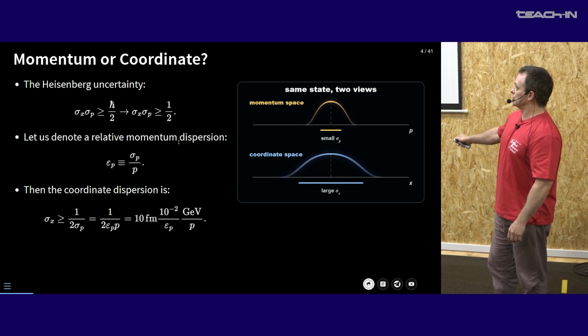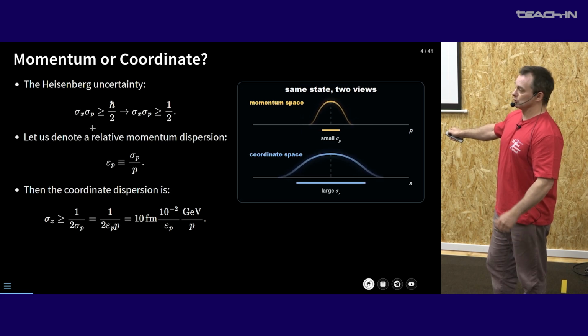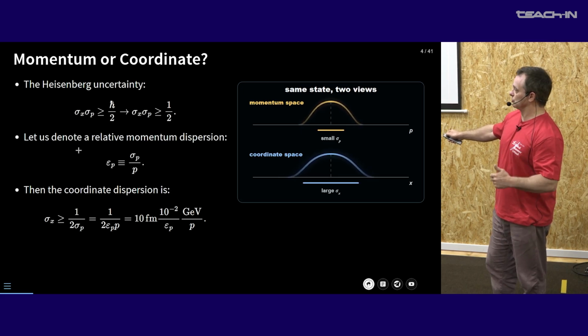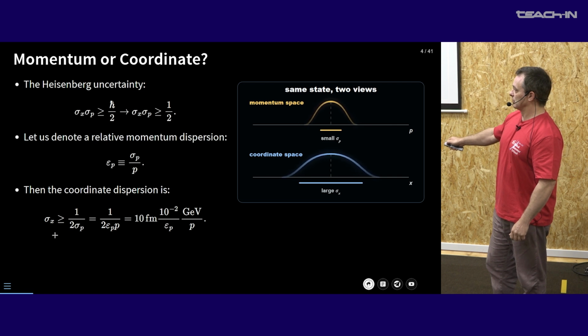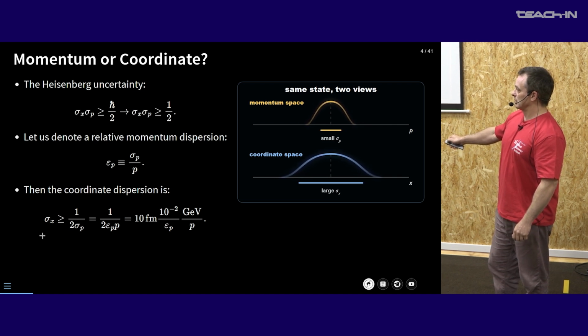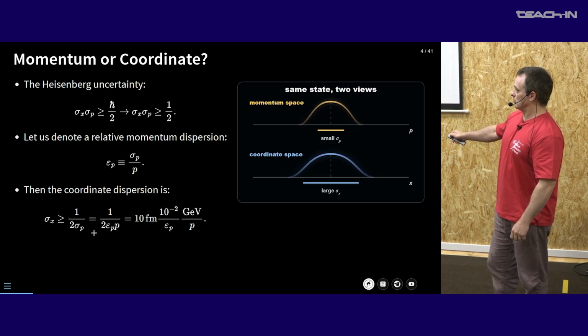Then we rewrite this Heisenberg uncertainty using the unit conversion from the previous slide to write the following formula. The dispersion in coordinate is larger than 1 over 2 times the relative dispersion times momentum, and we get this numerical value here.